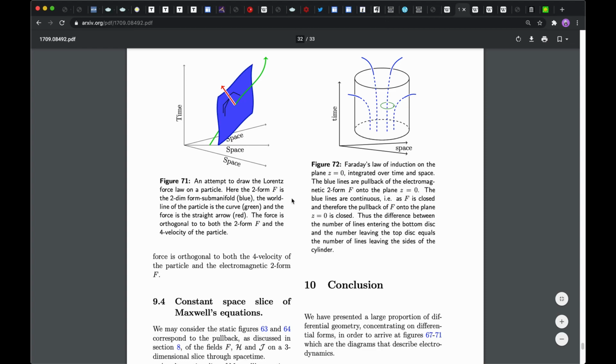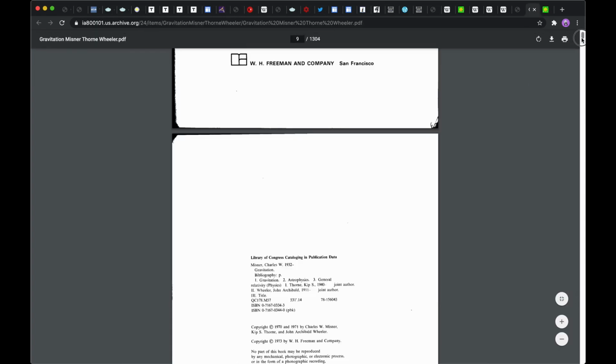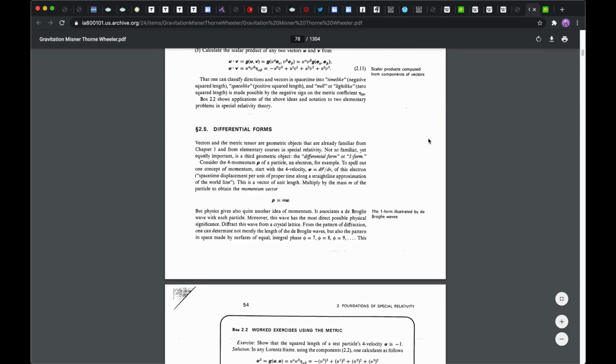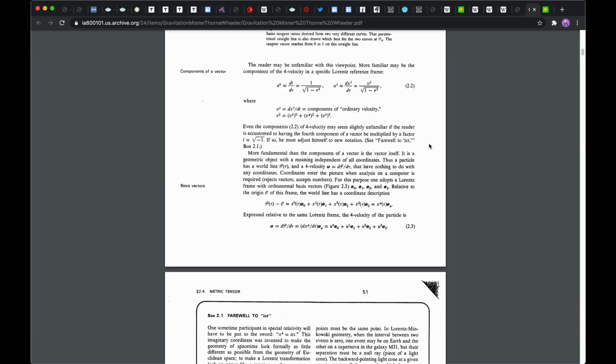And actually, I've been reading through the gravity book for the time of the previous week, and I saw a pretty interesting thing here, which I wanted to share with you.